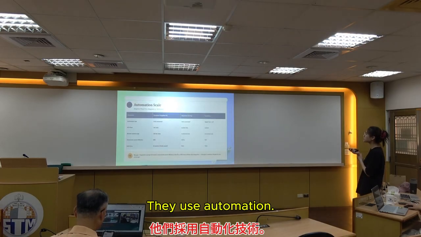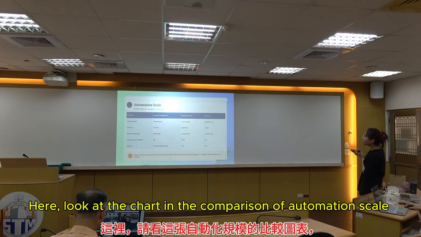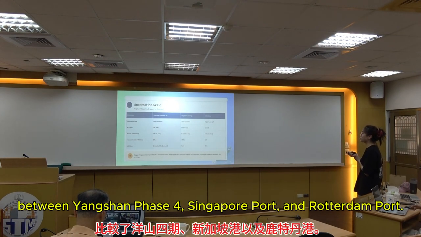After that, they use automation, and here the chart is the comparison of automation scores between Shanghai Yangshan, Singapore port and Rotterdam port.